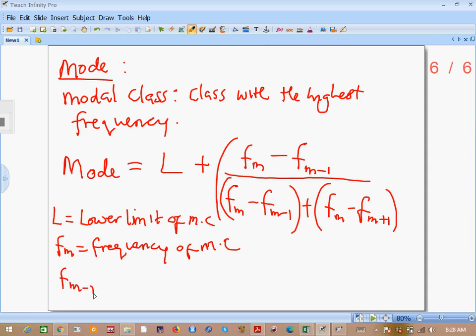Fm minus 1 is equal to the frequency before the modal class.